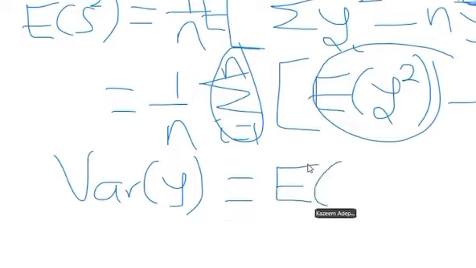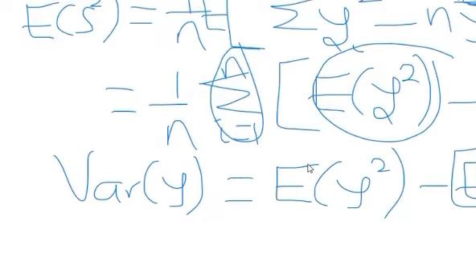Now I want to work on this and on that. Remember, what is the variance of y? The expected value of y squared minus the expected value of y, all squared. What is the expected value of y squared? Because I need that here.